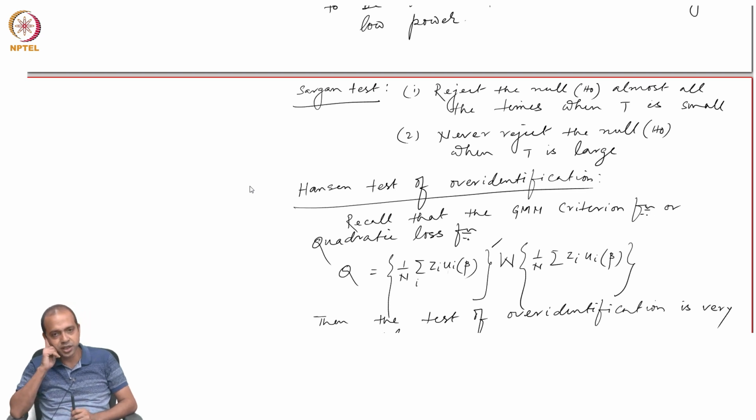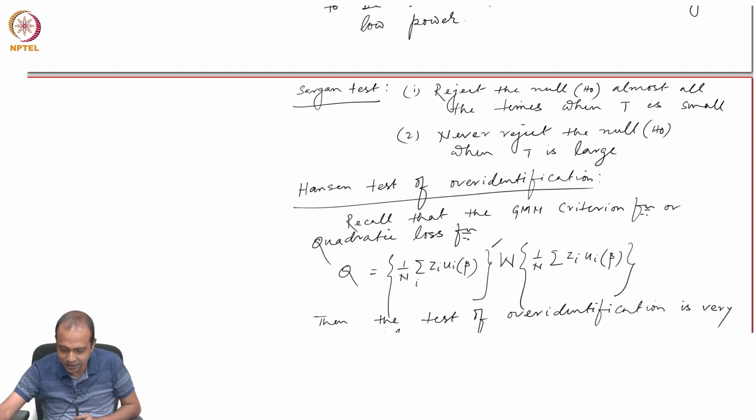But the most important thing we have to keep in mind is that whatever model we estimate, either system or difference GMM, the specification of the model should be correct in terms of what is exogenous and what is endogenous variable, right. So, there must be a test in Stata.